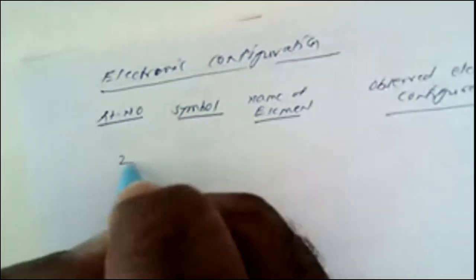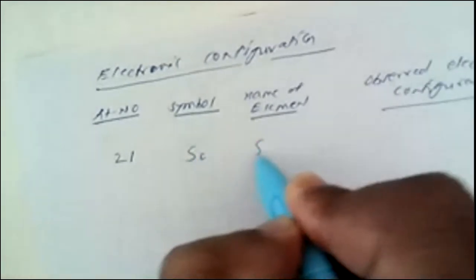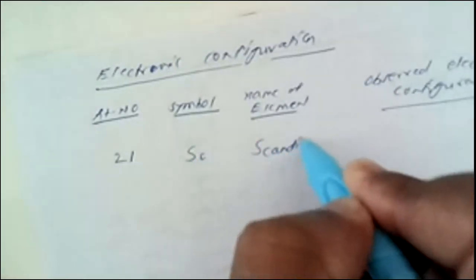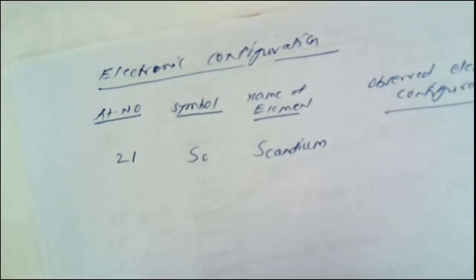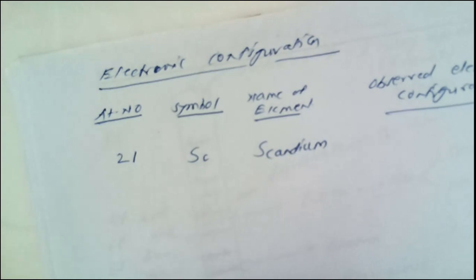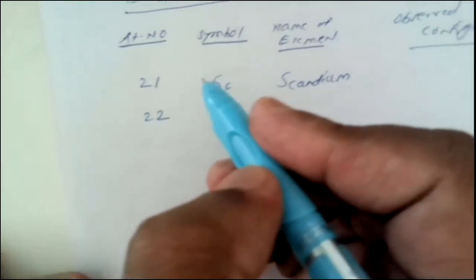The first member has atomic number 21, its symbol is Sc, and the name of the element is scandium. You have to write this down. Then a total of 10 members are to be studied by us.